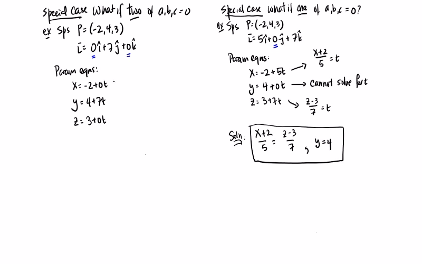Now, this first one, we cannot solve for t. This last one, we cannot solve for t. Now this middle one we can, although it's kind of goofy, because you might say I can solve it for t, but there's nothing to set it equal to.